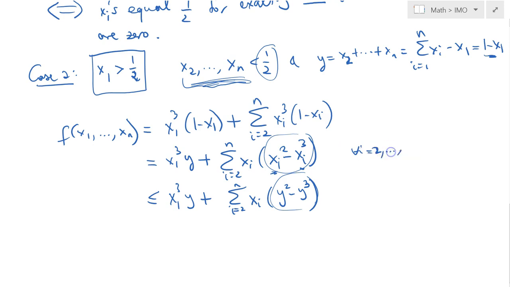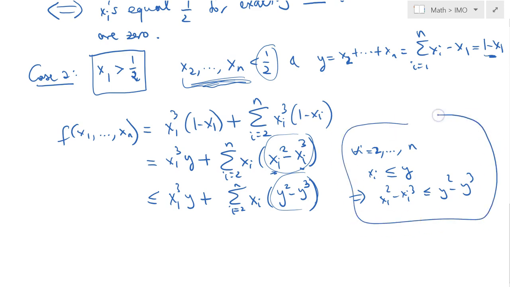For i from 2 to n, we know that xi is less than or equal to y, which implies xi squared minus xi cubed is less than or equal to y squared minus y cubed. Okay, now that's pretty good because this expression does not depend on i, so I can move it outside the summation sign.